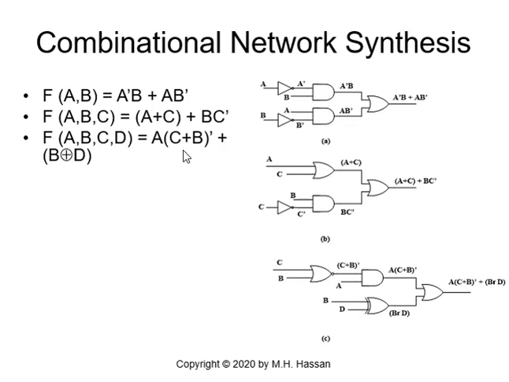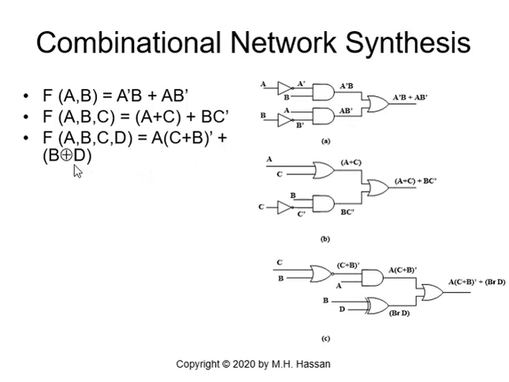So for the first term we have c or b, then we complement it to get c or b prime, then we end it with a. So we have c, this is an OR gate, c or b all prime, so it is an OR gate.